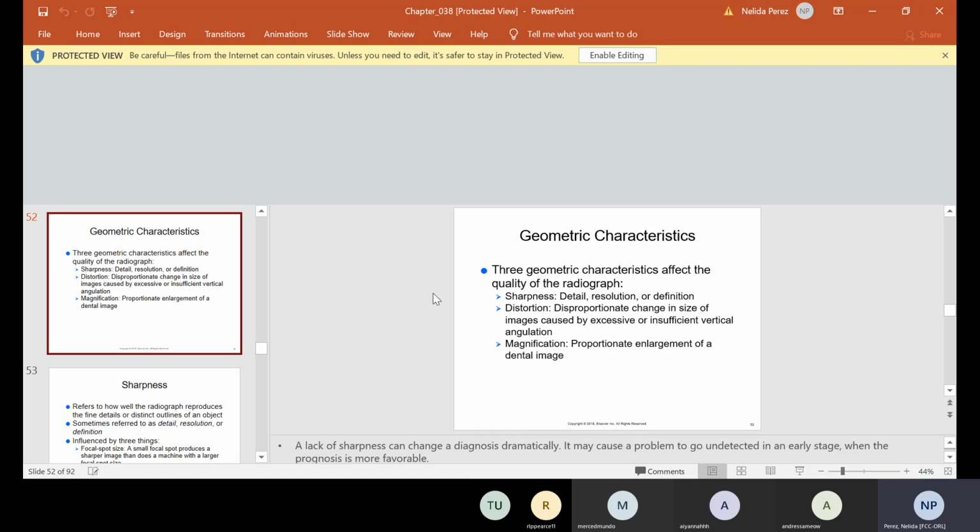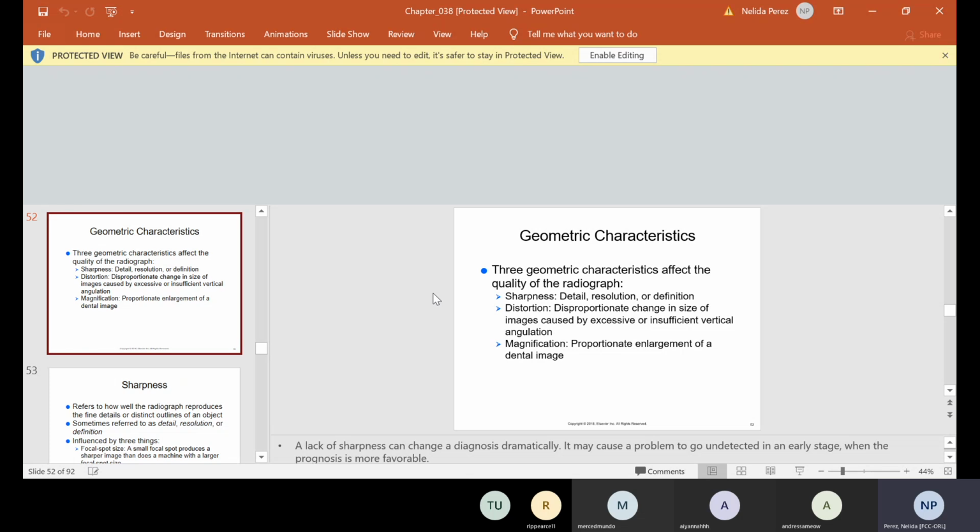Three geometric characteristics affect the quality of the radiograph. Sharpness. You want detail, resolution, or definition. Distortion. Disproportionate change in size of images caused by excessive or insufficient vertical angulation. And magnification. Proportionate enlargement of a dental image.